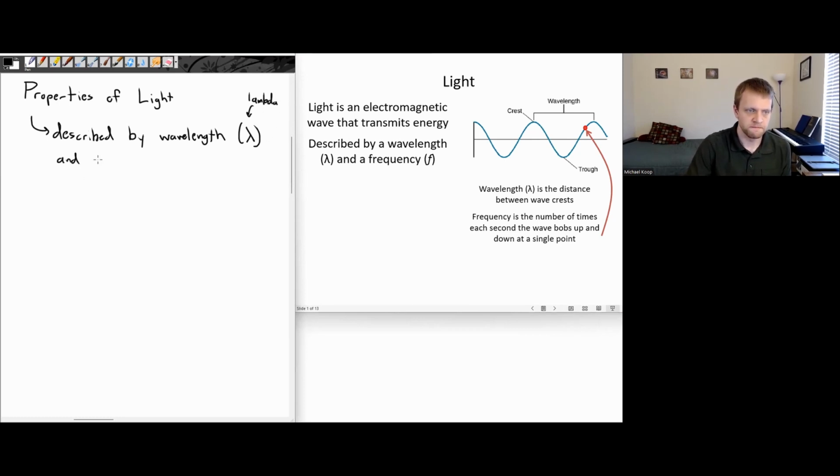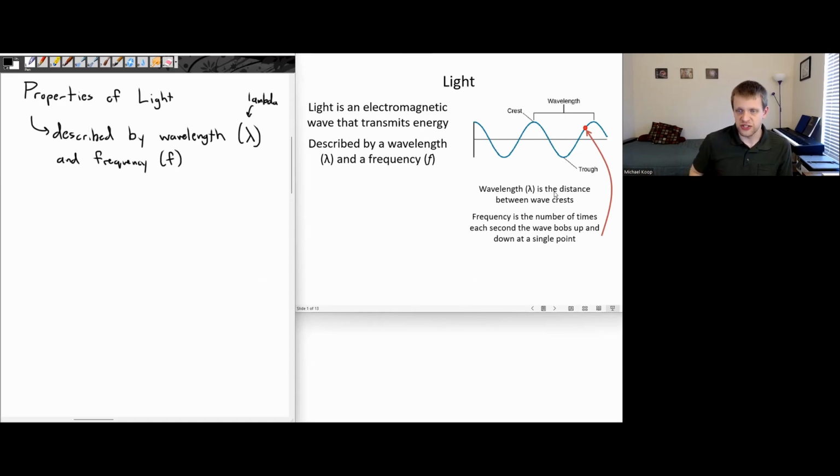And the frequency, which we're going to denote with a lowercase f. So when you think about a wave in general, the wavelength is basically how far is it from one crest to the next. If you think of water waves, then if you say one wave crest is here, the next wave crest is somewhere over here, that distance is how we define the wavelength.